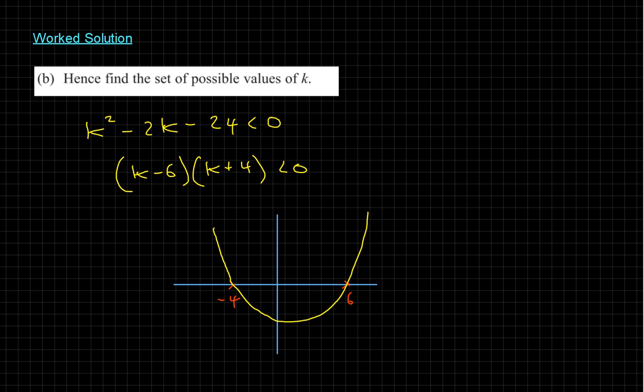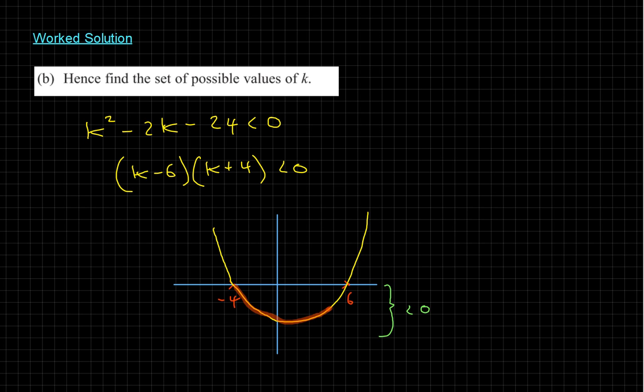And that then tells me that, okay, if I want to know when this thing's less than 0, well, it's less than 0 in this area, isn't it? Less than 0 meaning the y coordinate of every point on that yellow curve is less than 0. So therefore I'm interested in the x values corresponding to this range here that I've highlighted in red.